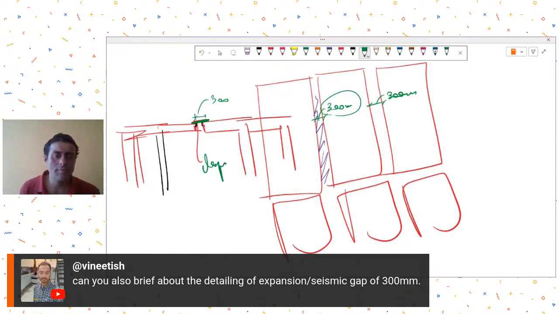I have provided two edge angles on the beams where you have to maintain the gap, and just cover it up with a checkered plate, and that's it. You don't need to do anything else. So this can be one of the options, because in my opinion, filling 300 wide with filler is not a suggested way of doing it.